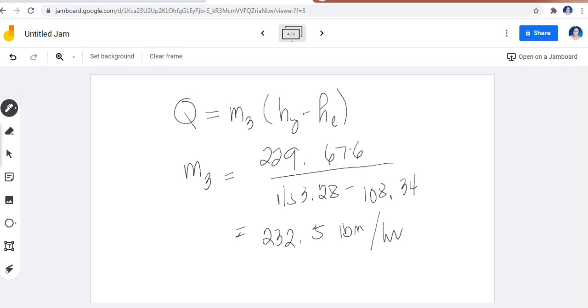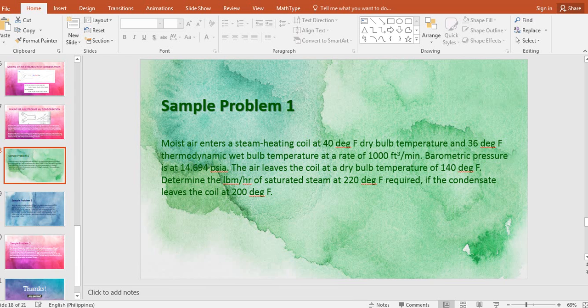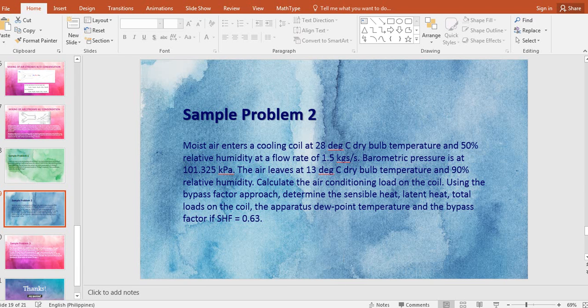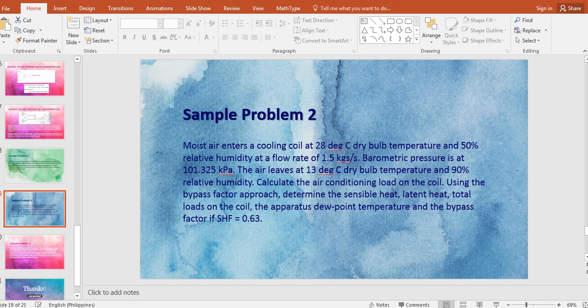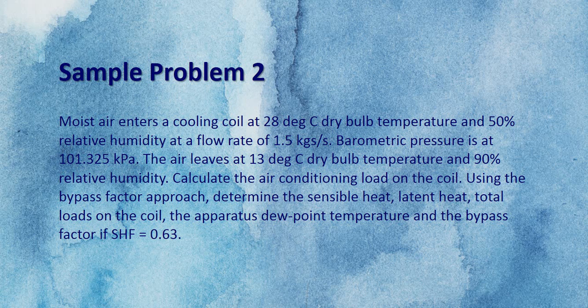Okay, so we go back to our sample problem number 2. The first one is heating, and we have this one now. Moist air enters a cooling coil at 28 degrees Celsius dry bulb temperature and 50% relative humidity.